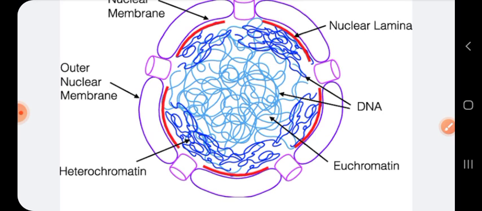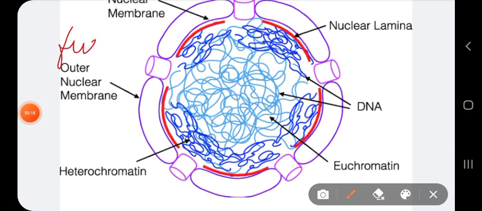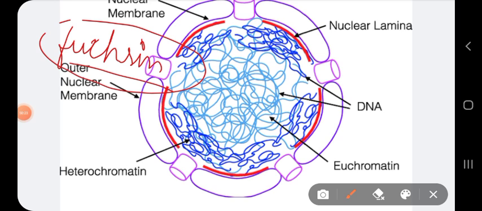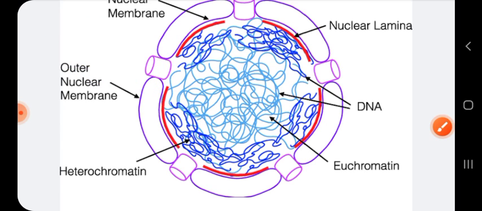Within the nucleoplasm, there are many thread-like, coiled, and much elongated structures which take up basic stain if we stain them in the laboratory, like the basic fuchsin stain. They are thread-like, coiled, and much elongated structures.